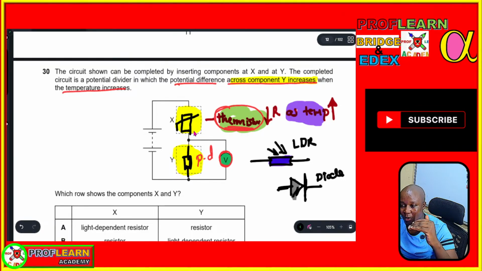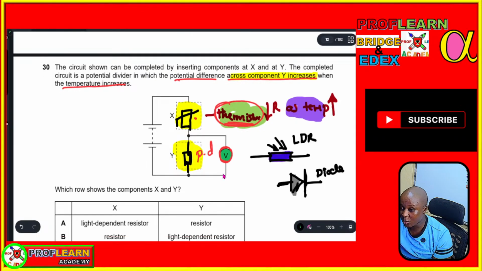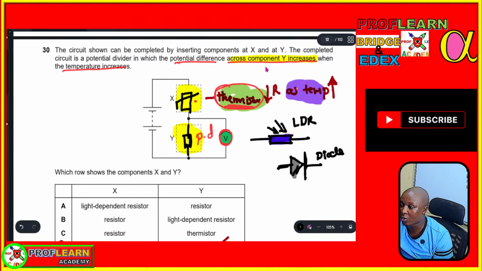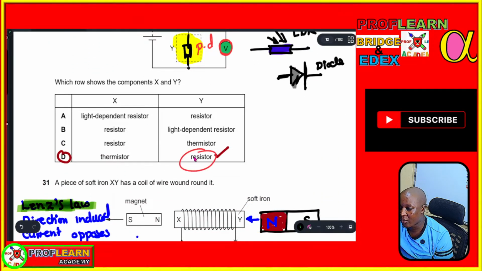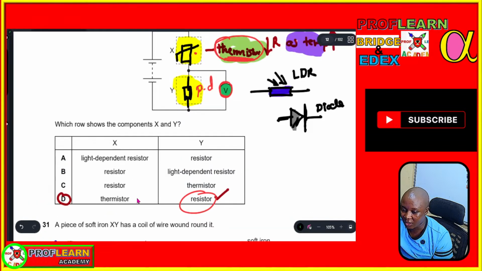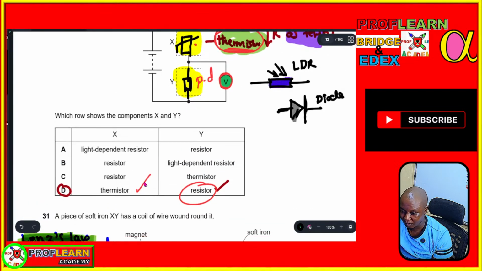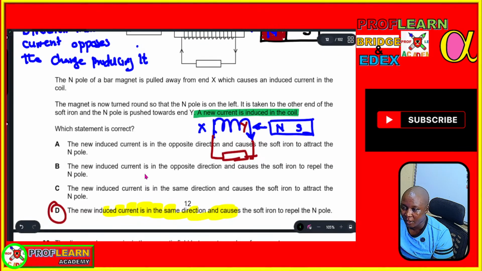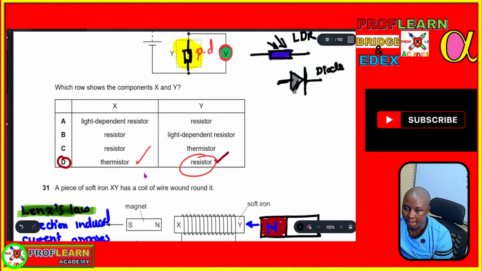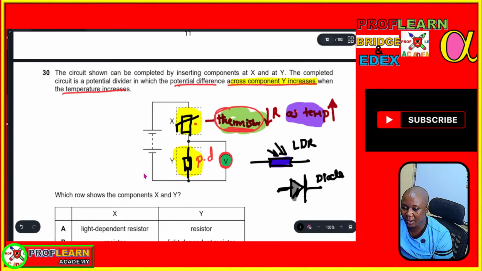If resistance goes down, there will be less voltage drop at this point, and therefore there will be a larger voltage drop across component Y, and that is why the potential across Y increases. So we are going to say this is a thermistor, and down here we are going to have a resistor. So for question number 30, we have answered that.